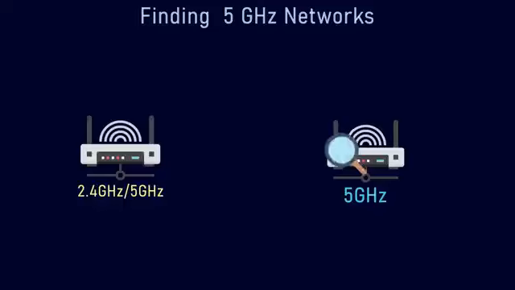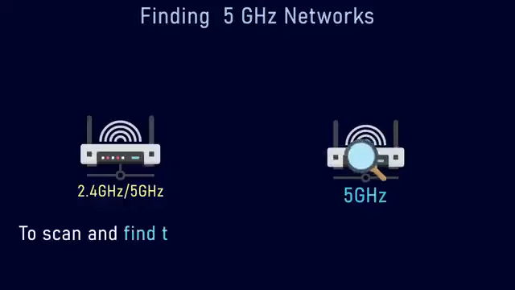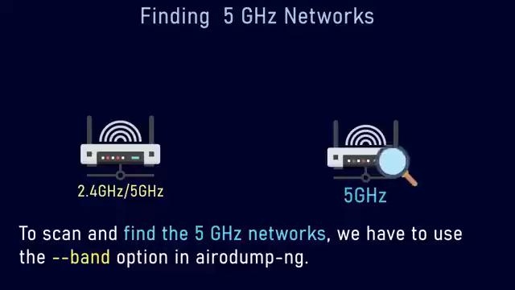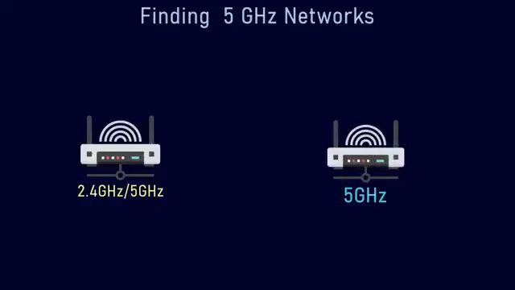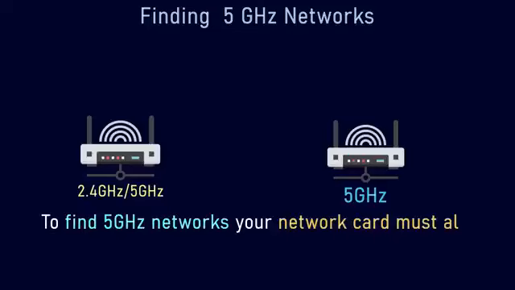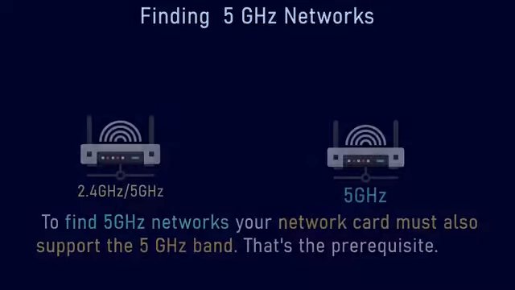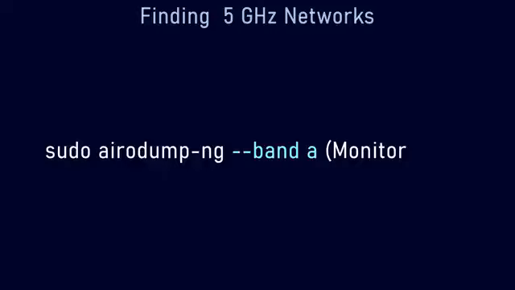To scan the 5 GHz networks, we have to use the band option in Airodump-ng. Remember, this is important. To scan or discover 5 GHz networks, your network card must also support the 5 GHz band. That's the prerequisite.